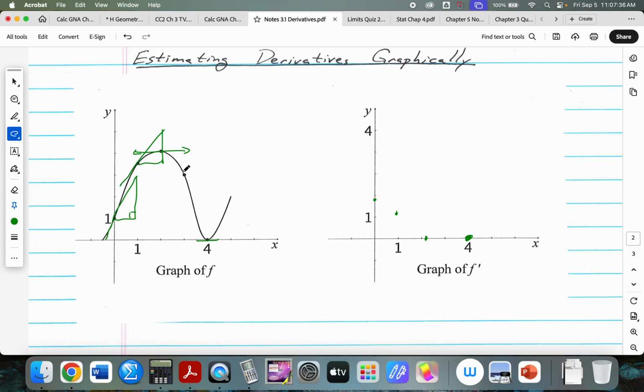When I get over to this point, if I draw in a tangent line, it's going to look something like that. It almost goes right along the curve right through there. That looks like about 1, 2, 3. That looks like it's about -3.